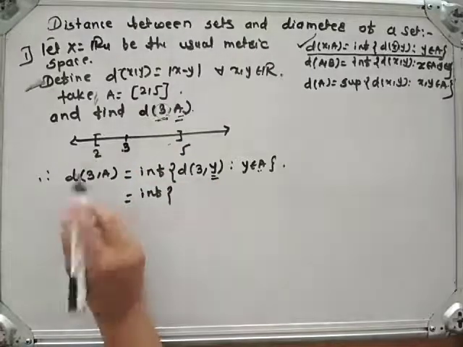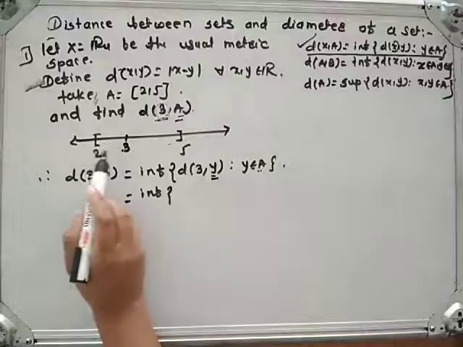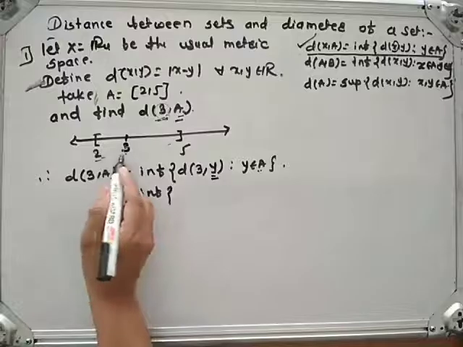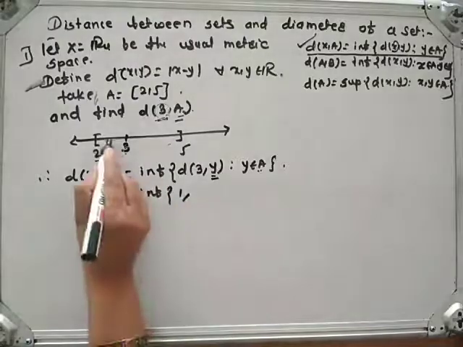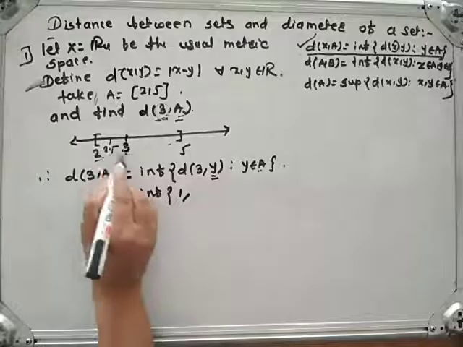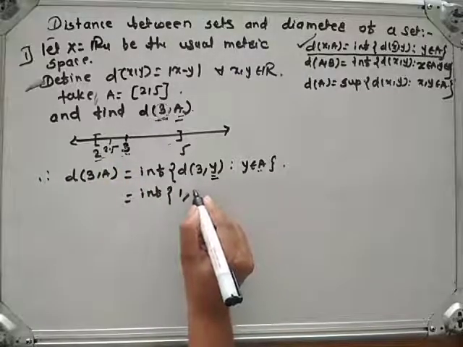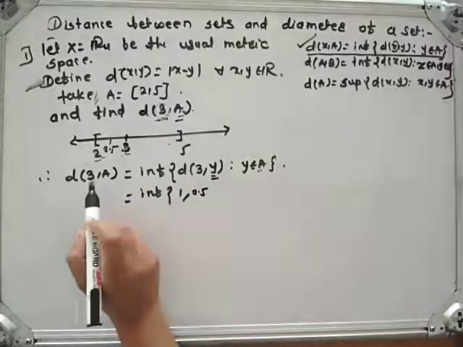What is the distance between 2 and 3? It is 1. Suppose here is 2.5. What is the distance between 3 and 2.5? It is 0.5.